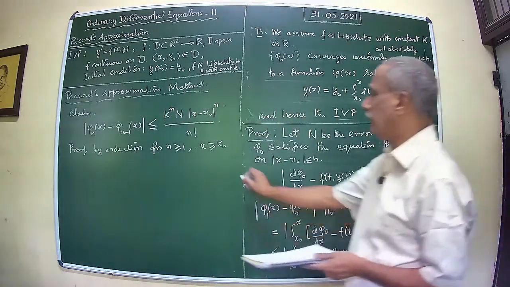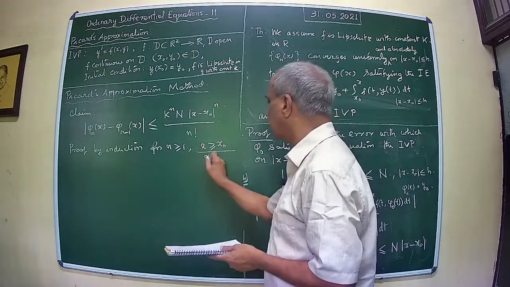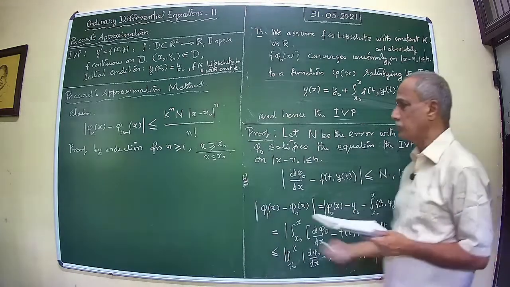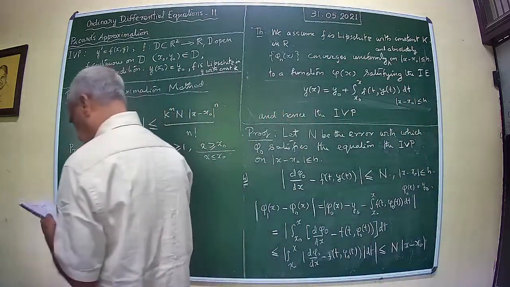You can likewise prove it for x less than x naught also. So it is the same sort of proof that you can advance.